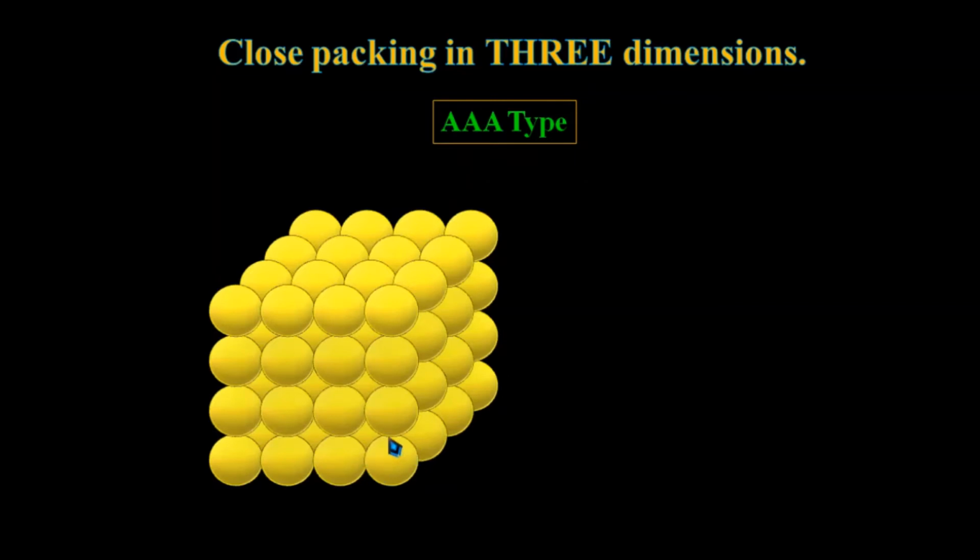Here these are the crests of the spheres, this rounded part, and these are aligned in all four layers, 1, 2, 3 and 4. All spheres of different layers are perfectly aligned horizontally and vertically. Horizontally like this and vertically like this.